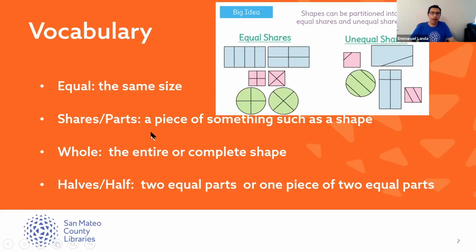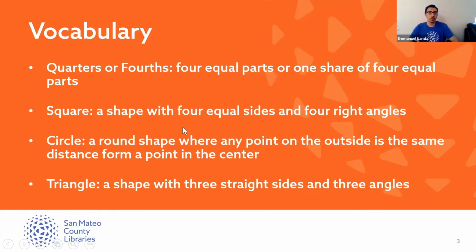We also have the word halves or half, which are two equal parts or one piece of two equal parts. All right. We have quarters and fourths, which are four equal parts or one share of four equal parts.